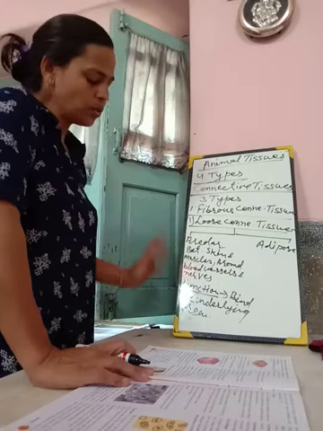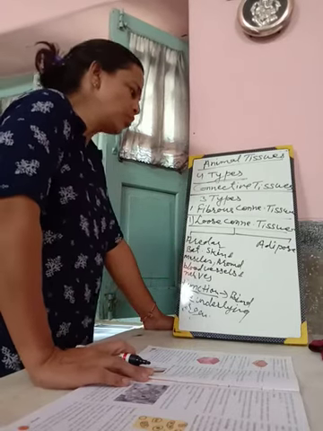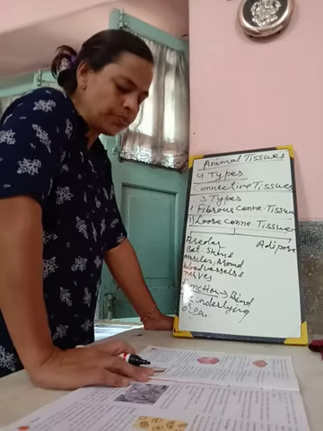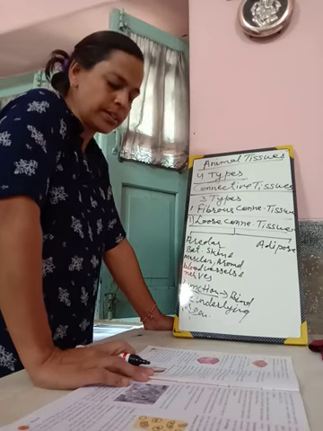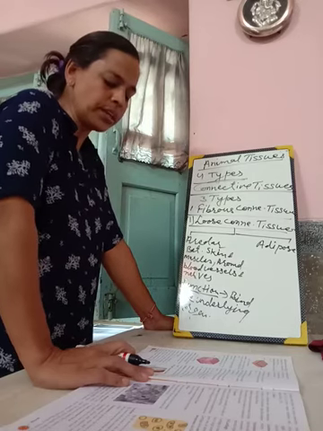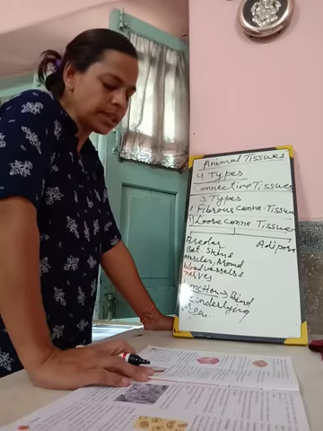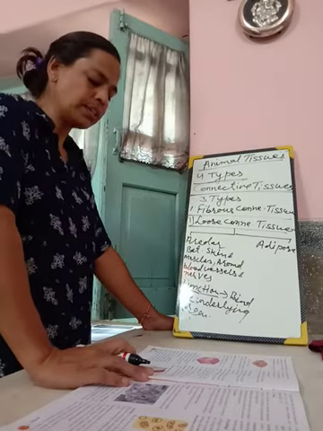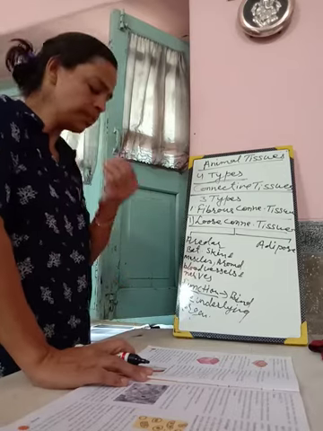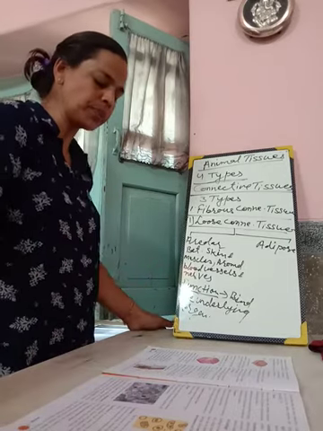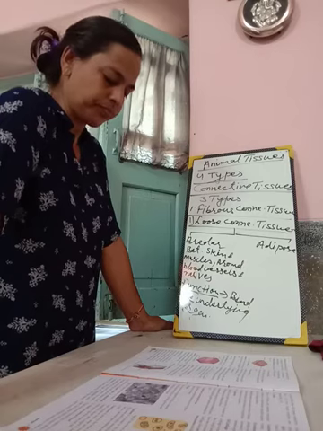Again, this areolar loose connective tissue has two kinds of fibers: collagen fiber and elastic fiber. They give strength and elasticity to the tissue. Elasticity means they have the capacity to stretch.